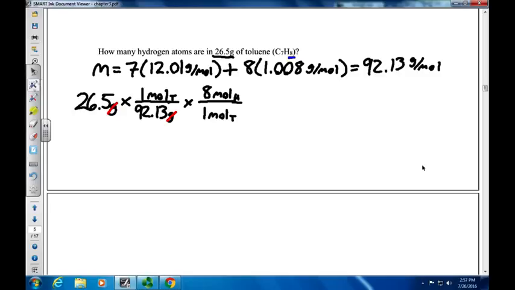So now we have the moles of toluene, and the moles of toluene have canceled each other out. And we now have moles of hydrogen only.